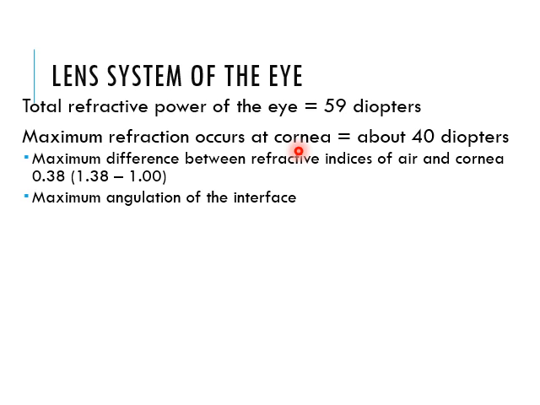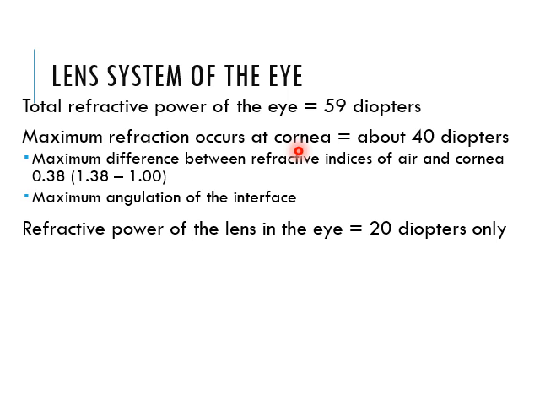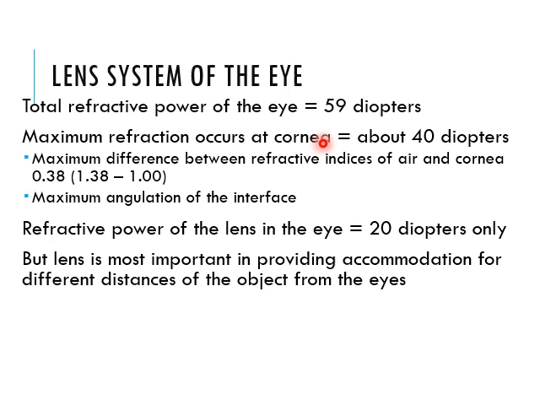And as a rule, we said that the greater the difference between the refractive indices, the greater would be the refraction, and the greater the angulation at the interface. The refractive power of the lens is only 20 diopters as compared to the 40 diopters because of the cornea.